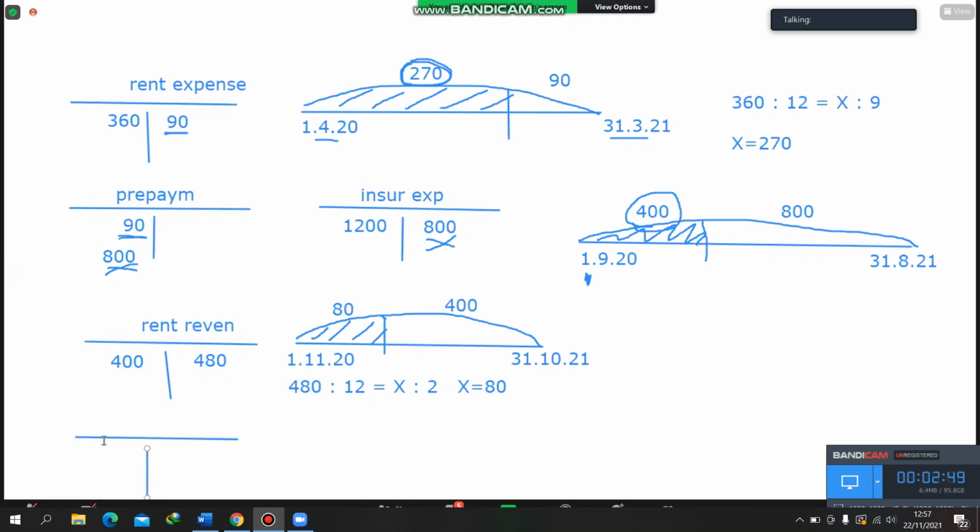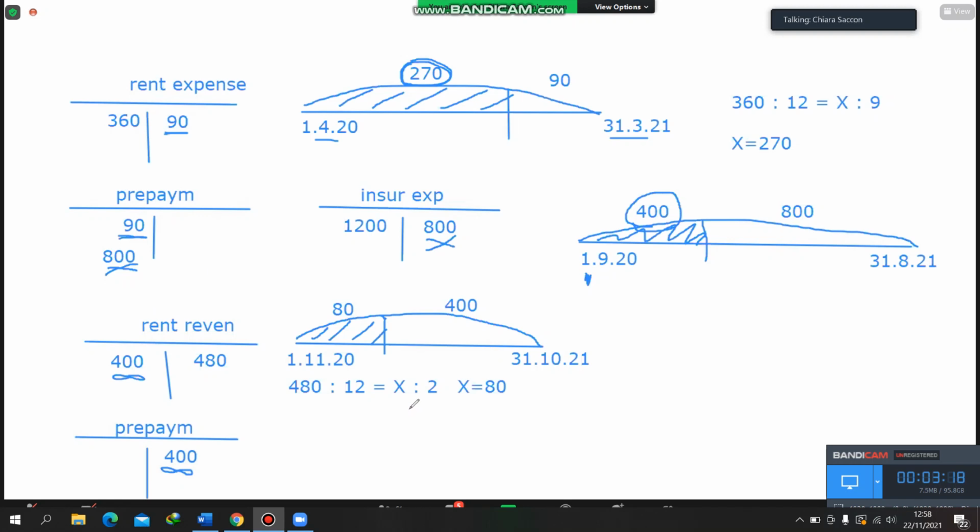So prepayment related to revenue, this is 400 here. Okay, and this is the last adjustment. This one and this one, same amount to the account on the opposite side.